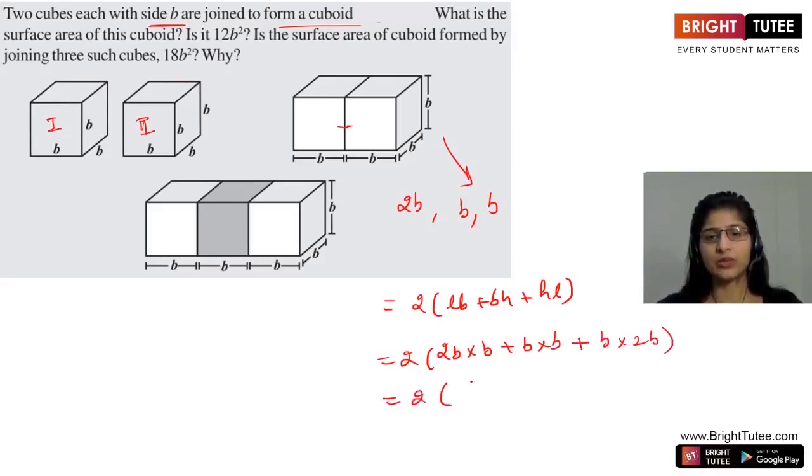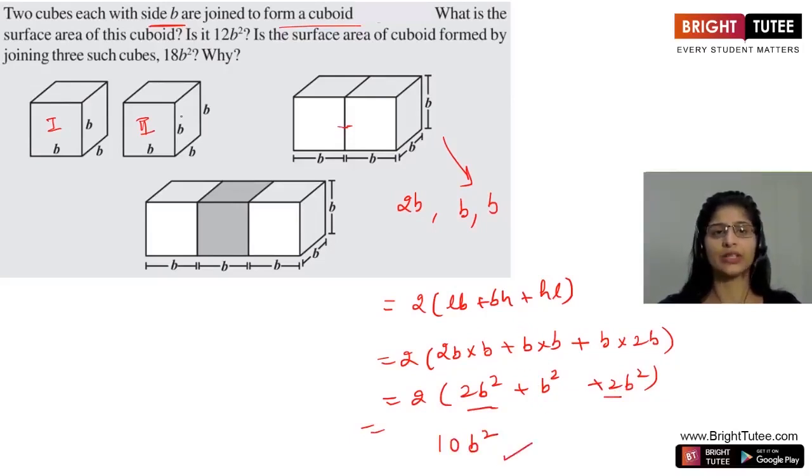So we get 2 into (2B square plus B square plus 2B square). So how many? 2 and 2 is 4 and 1 is 5, right? 5 into 2 is 10B square. Correct? So we are getting 10B square. So they are asking, is it 12B square? No. The answer is no. It is 10B square. Clear?